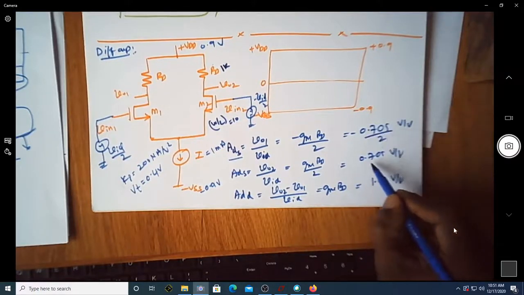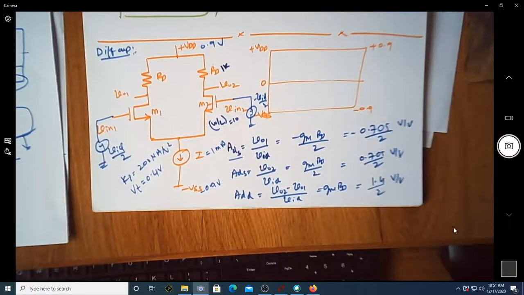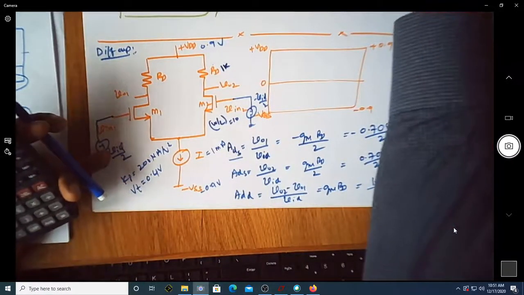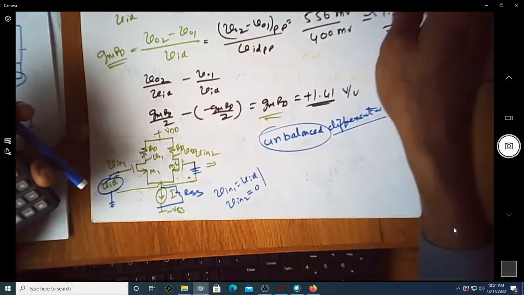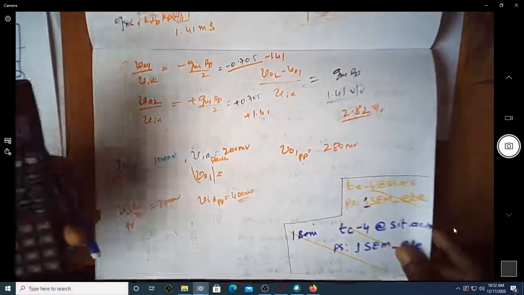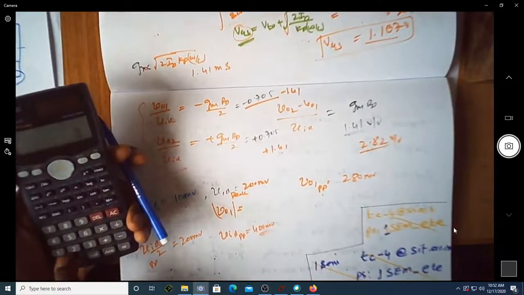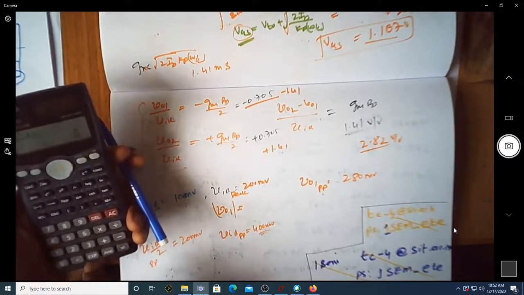GM into RD divided by 2. Substituting the value of GM, which is 1.41 into 10 to the power minus 3, into 1000, divided by 2.